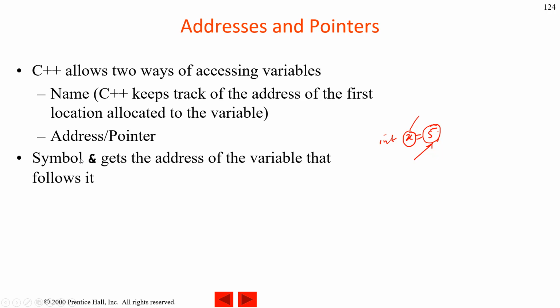So in C++ we use the simple symbol ampersand, the AND symbol, to get the address of a variable that follows it. If you recall, we have used this AND, but we used two of these consecutively. So I write if x == 5 && y < 3.